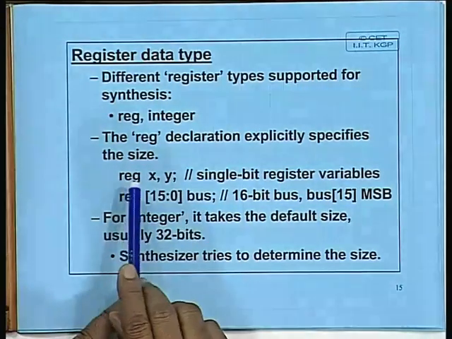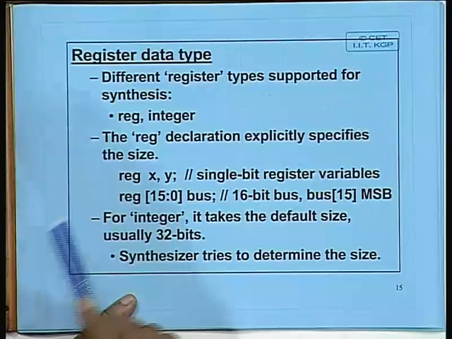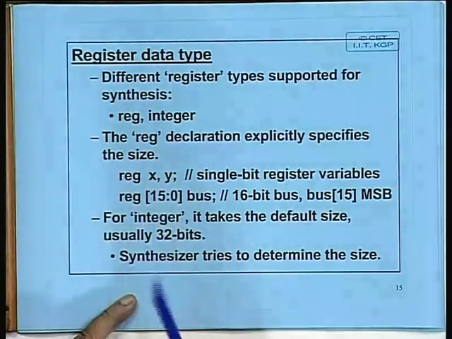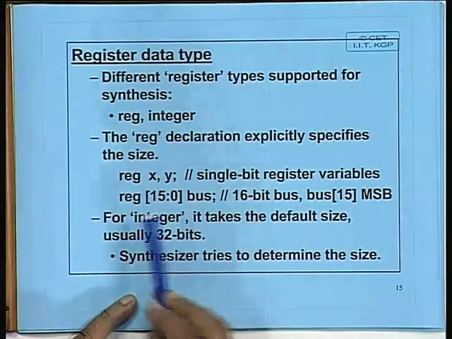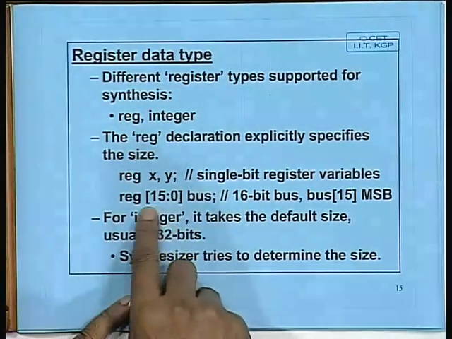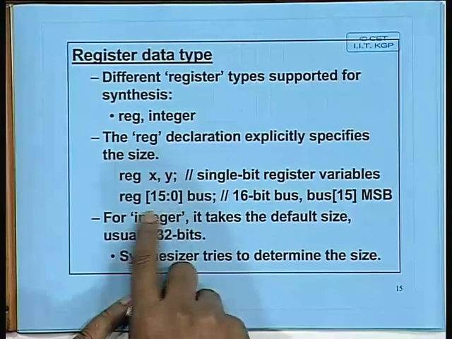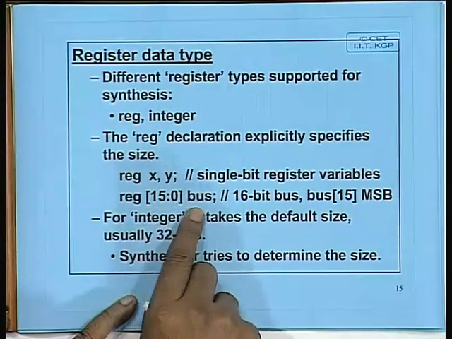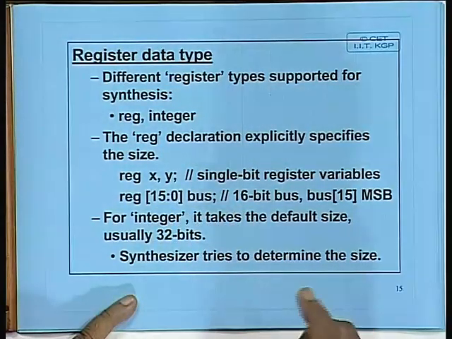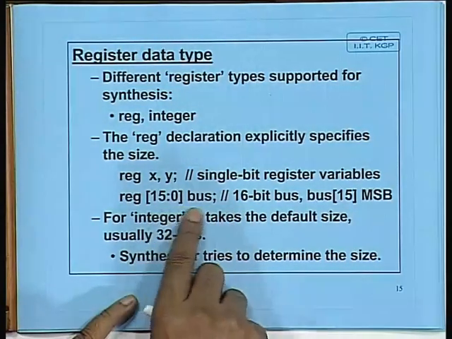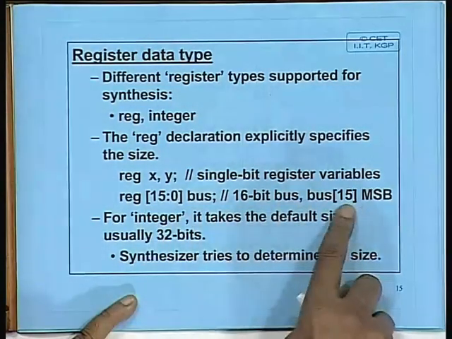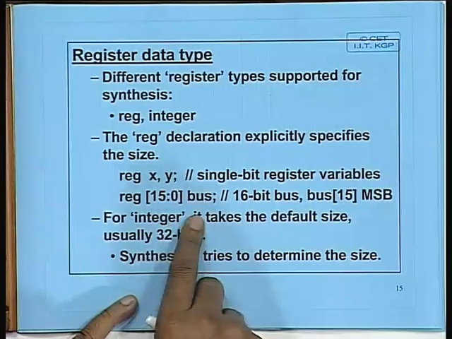Like if you simply specify reg x comma y, this will mean that x and y are single bit variables, single bit storage. Or you can specify in terms of a vector like this, reg 15:0, this will be a 16 bit register. And the convention is that 15 will be the MSB, 0 will be the LSB.